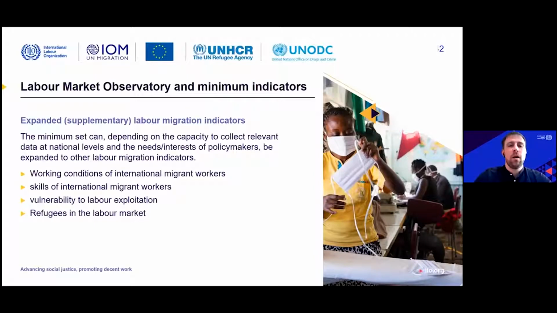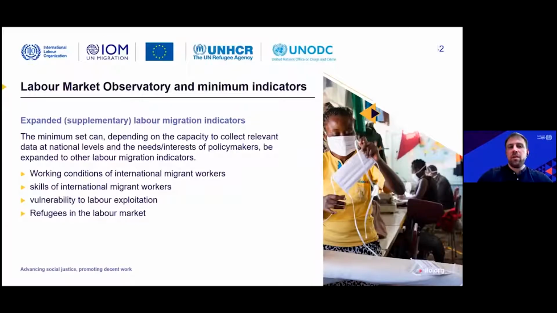Then we can also think of looking at indicators on the vulnerability to labor exploitation. And here I'm talking about, for instance, issues such as ensuring fair recruitment, looking at recruitment costs of workers, which is an issue that is quite high on the agenda, and has even been given its own SDG indicator, 10.7.1, which looks at recruitment costs as a share of monthly income of a worker abroad.